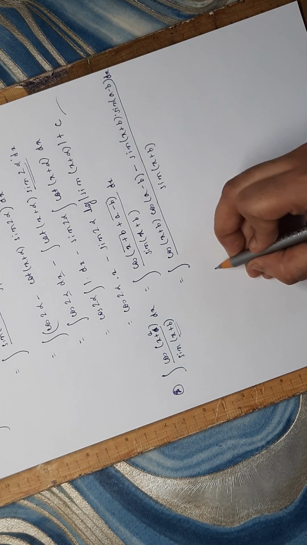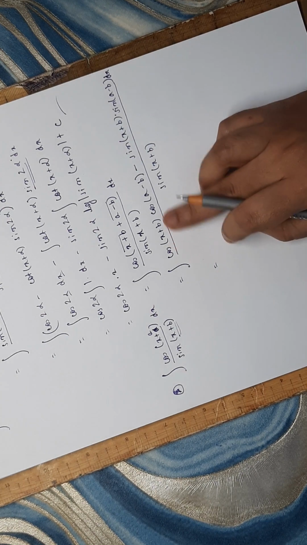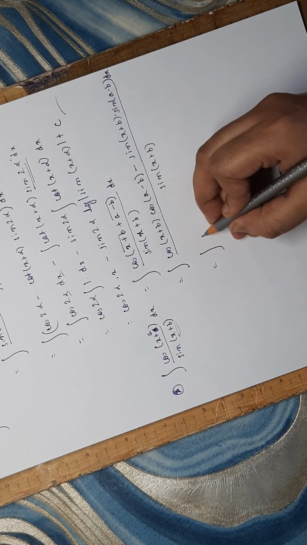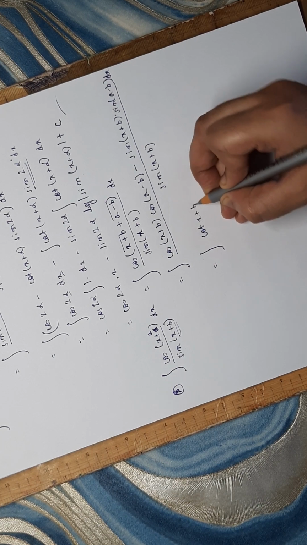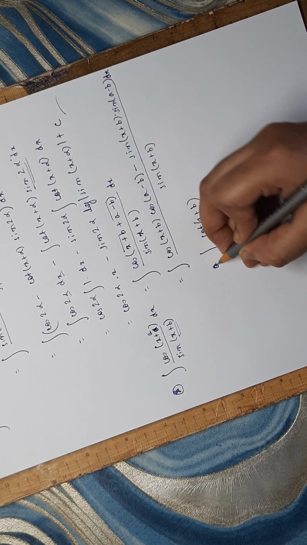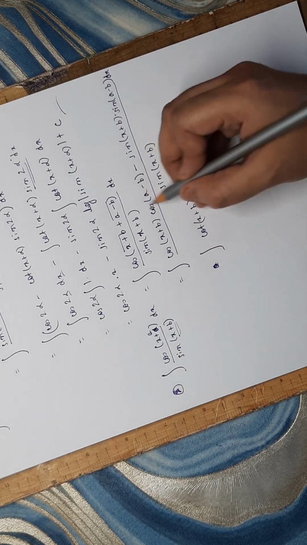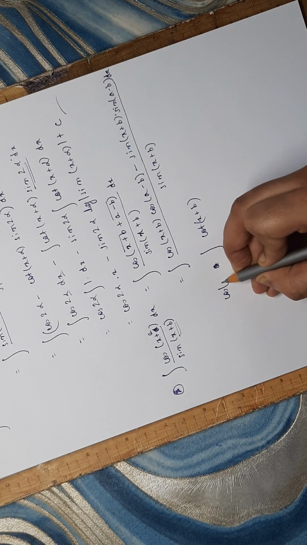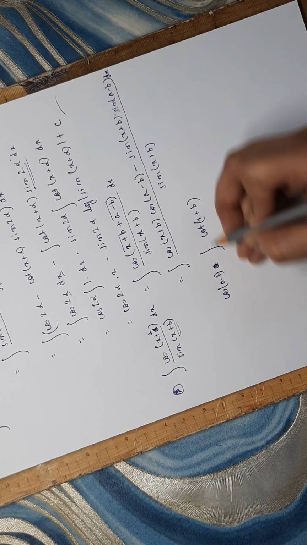Next, this cos of x plus b divided by sine of x plus b becomes nothing but cot of x plus b, right? Also, this cos of a minus b will be considered as a constant. I hope you know why.